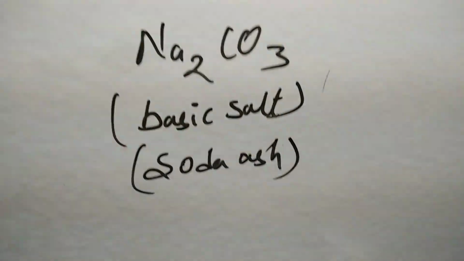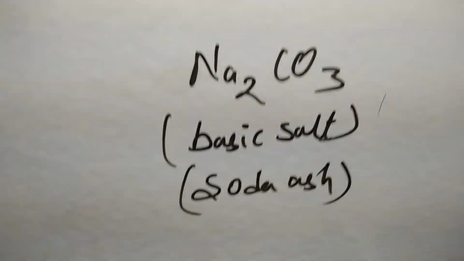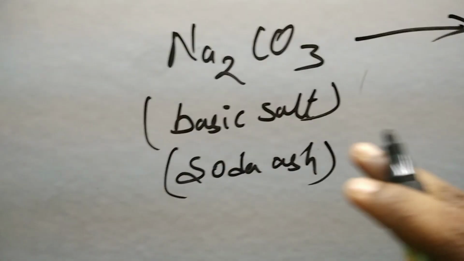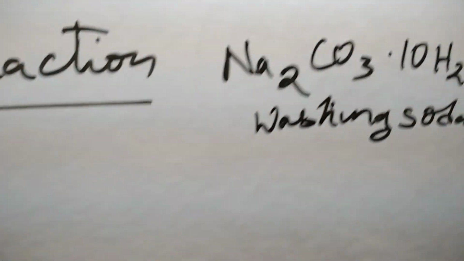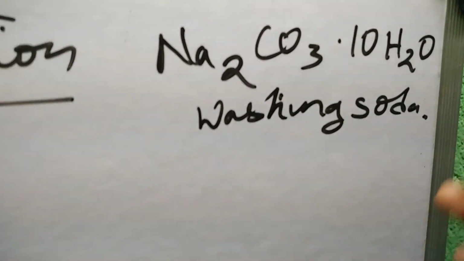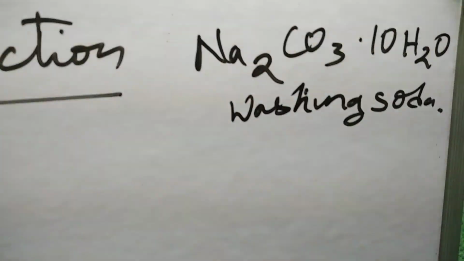So don't confuse between these. Sodium carbonate, that is soda ash, will react with water. This washing soda also reacts with water. What happens first? This 10H2O will be released, then it will form Na2CO3.